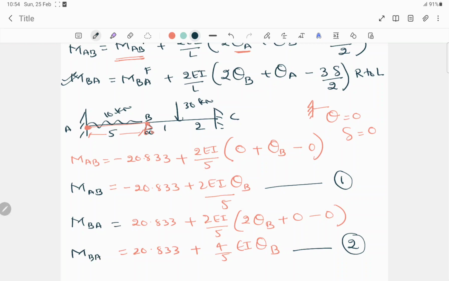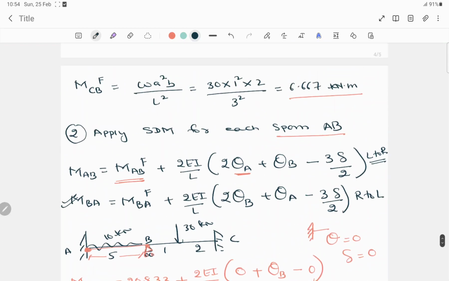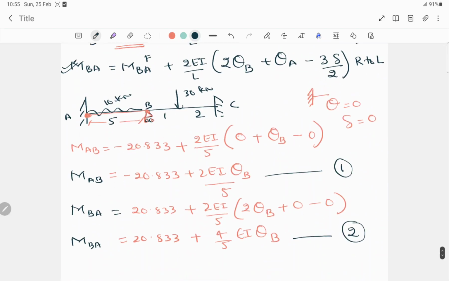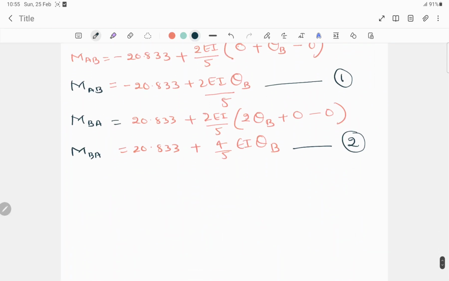So again, see here we have to apply the slope deflection method for each span. For span AB we have already got 2 equations. Now we have to solve for span BC. So now for span BC we have to write the formula again.